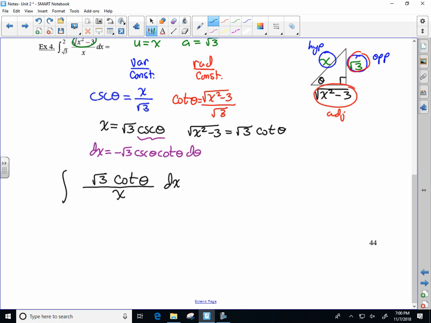So I'm replacing the root of x squared minus 3 with the root 3 cotangent of theta, sorry. And now I have to swap out this dx for that other fun stuff. But there's a little twist in this one, so that's why I'm doing it kind of piecemeal here.